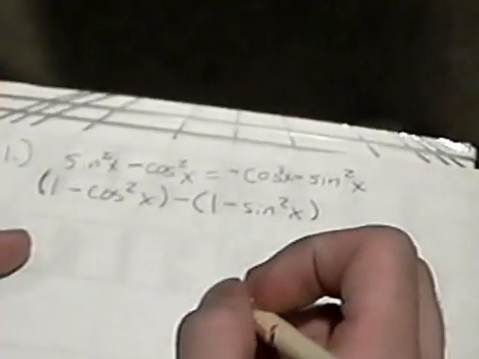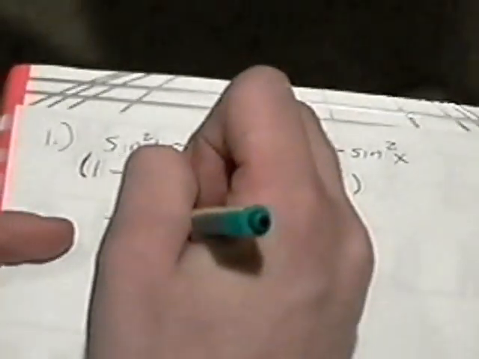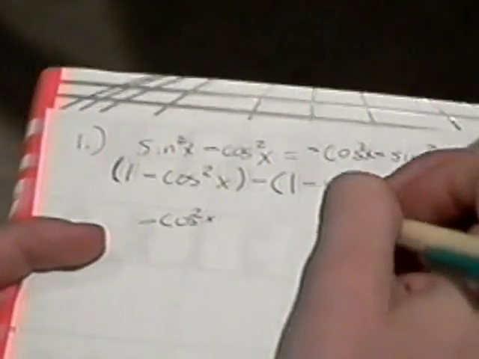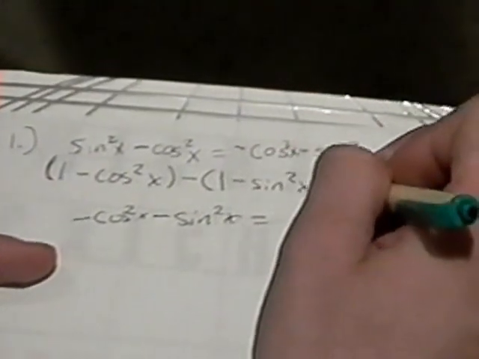Which, when you simplify it, the ones cancel out, and it becomes negative cosine squared x minus sine squared x, which is exactly what I was trying to prove. Say, what kind of identity did you use? A Pythagorean identity. Sine squared x plus cosine squared x equals 1.